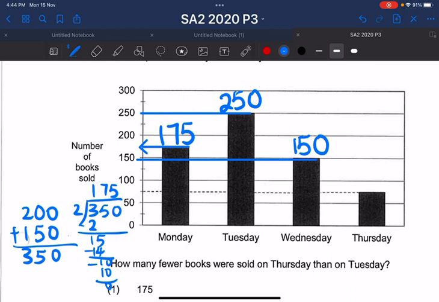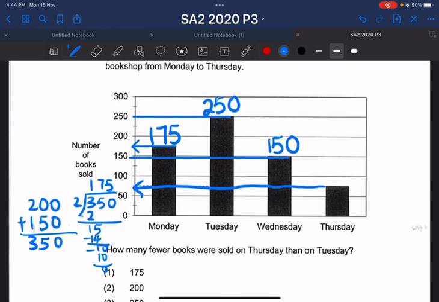And the last one will be Thursday. Now Thursday again can be a little tricky because it is in the middle of the graph again. So remember the method that I taught you. Take the upper number. In this case, the upper number is 100. The lower number is 50. It's between these 2 numbers, right? So you take these 2 numbers, you add them up together.